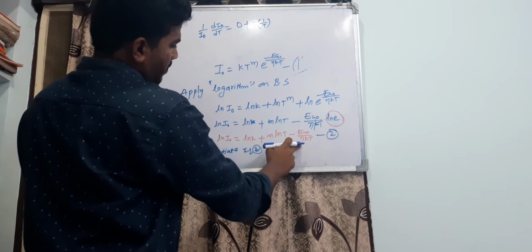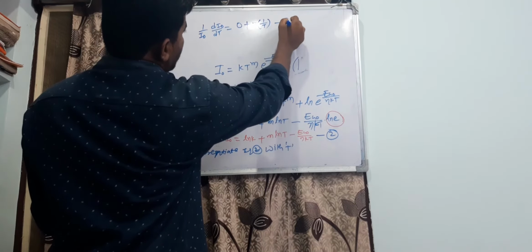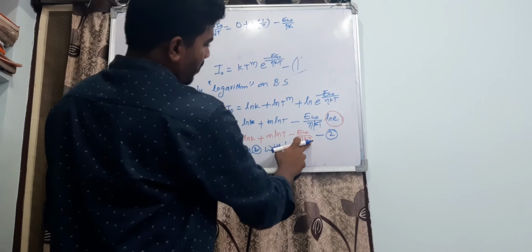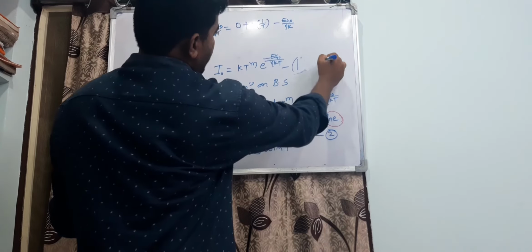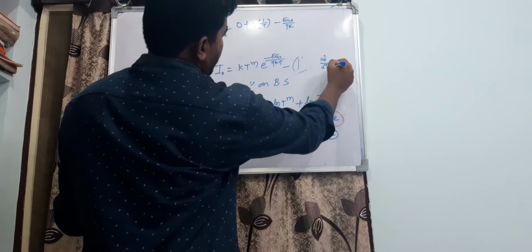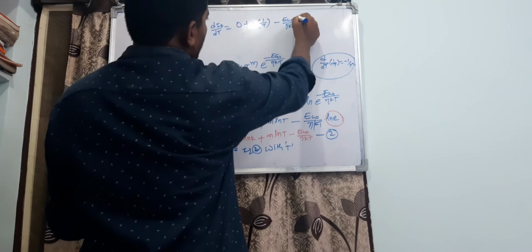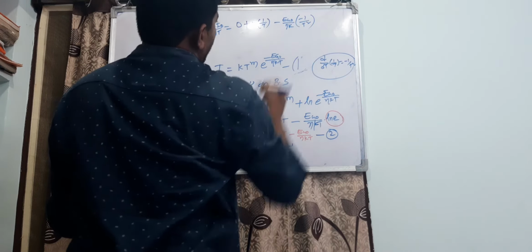What is the differentiation of the last term? Minus Eg0 by eta k is the constant value, but here 1 by t is there. Differentiation of 1 by t is equal to minus 1 by t square. So substitute minus 1 by t square here.